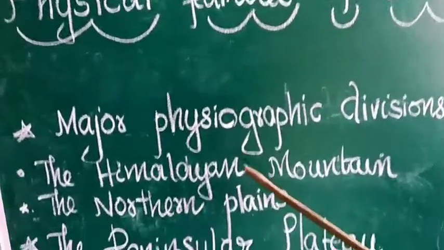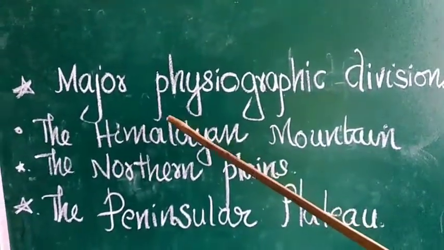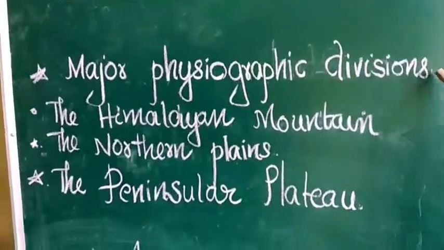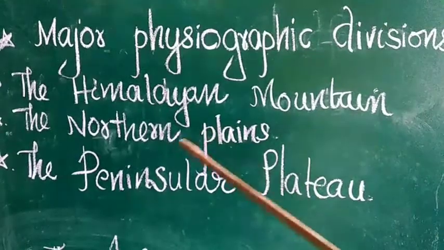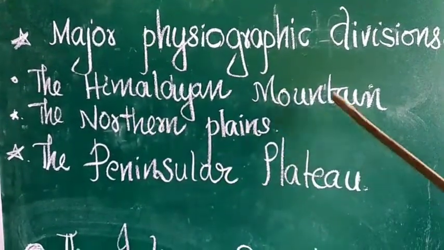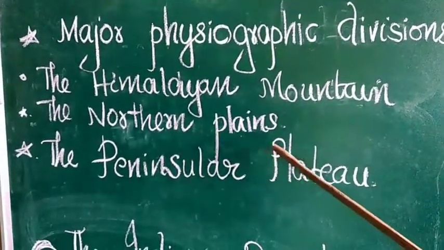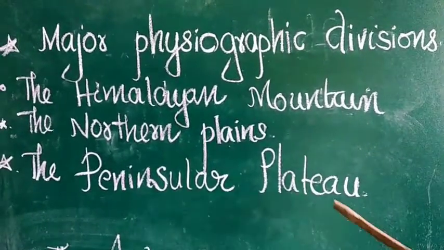The main topic of this chapter is major physiographic divisions. Three points we already explained: the Himalayan mountains, the northern plains and the peninsular plateau.